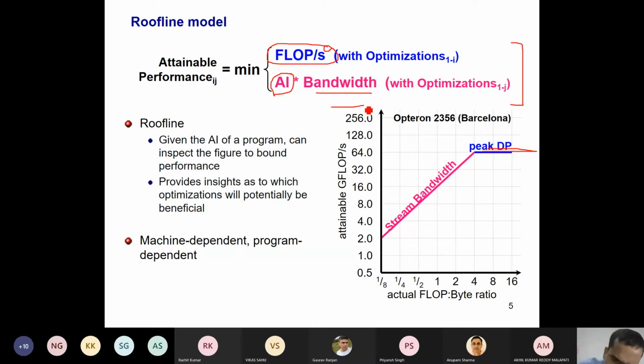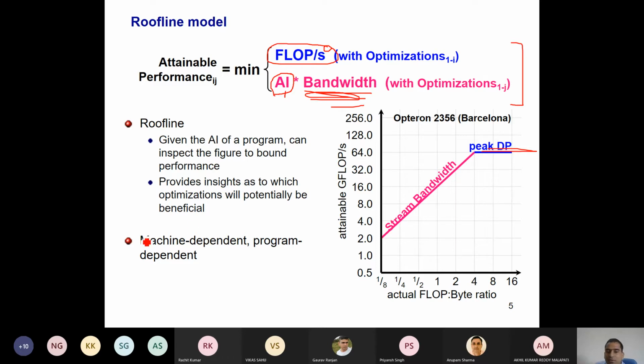So here you assume you are just bypassing the cache. Forget cache. That means whenever you're doing computation, you're directly getting the data from the main memory. This is like a worst case, right? We will define AI very soon, but for now you just assume we have some certain arithmetic intensity multiplied by the bandwidth. Whichever of the two values is lower, that is the maximum performance you can get. Your actual performance can be even lower. It cannot be higher than that.